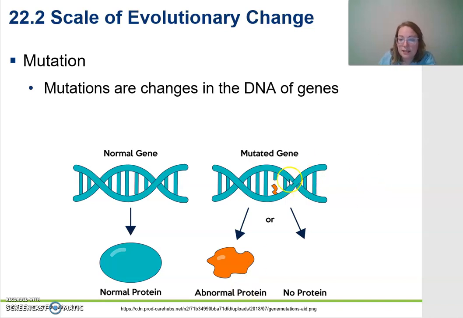So here you can see a different nucleic acid is going to cause either an abnormal protein or a non-functional protein. It won't make anything. We have a balance of checks in place to prevent mutations, but they still occur sometimes.